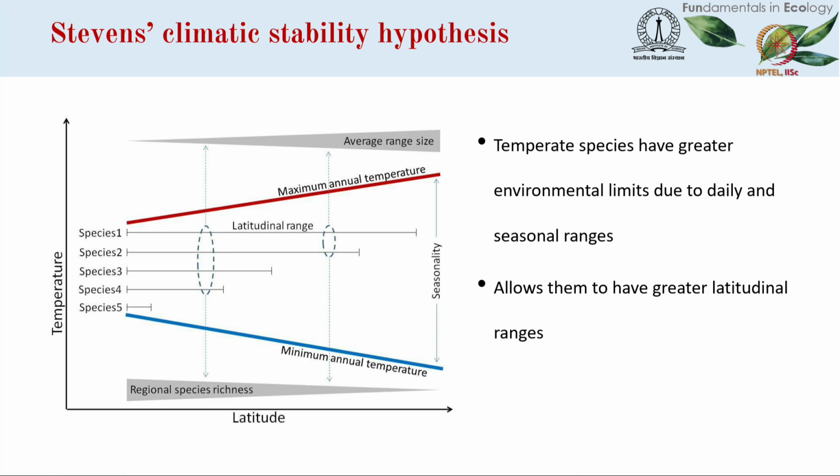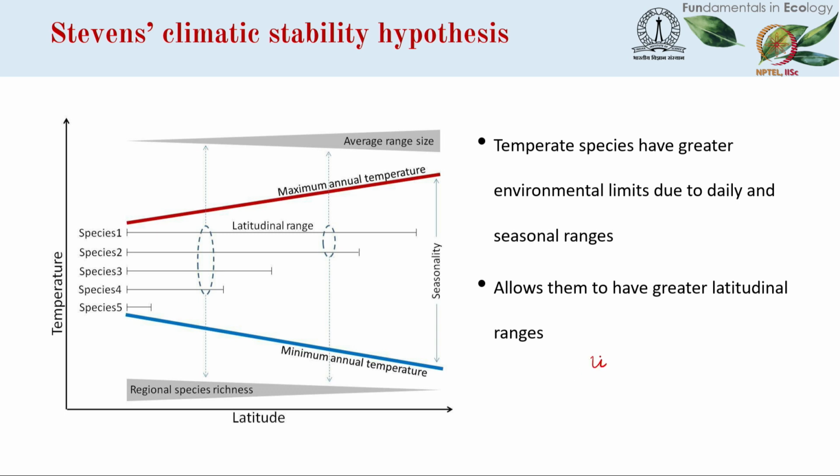In this particular graph, you can actually see that the seasonality of temperature is greater towards the northern latitudes. This is a schematic from the Western Ghats in peninsular India. The seasonality in the northern Western Ghats is much greater than the seasonality in the southern Western Ghats, which means that any species that is able to tolerate the environment of the north would also be able to tolerate those temperatures in the south.